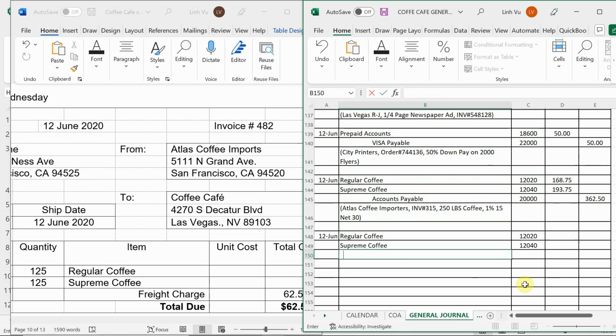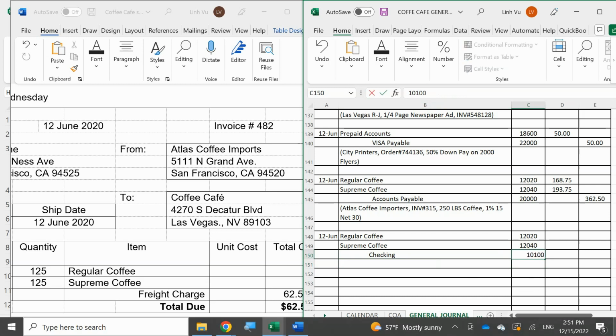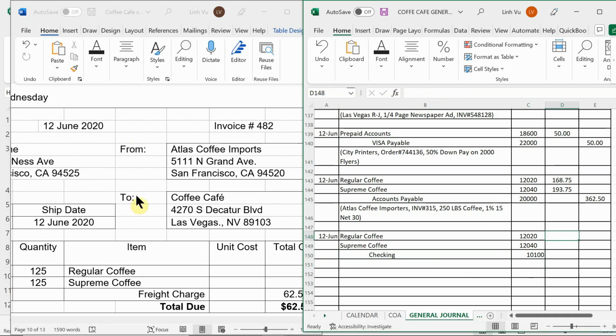Okay, and since it was COD, we're going to be cutting another check. And how much was the total amount? For each one, it's $31.25. But the total amount for the check was $62.50.